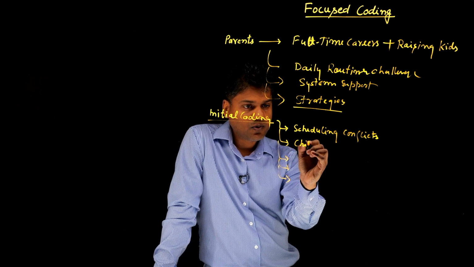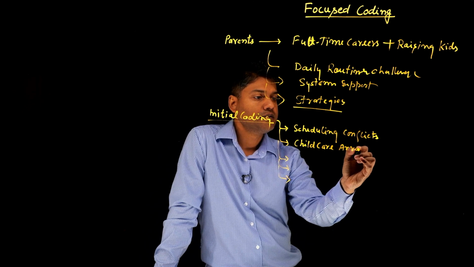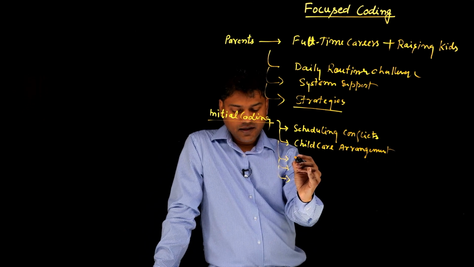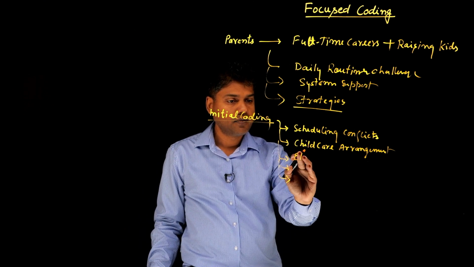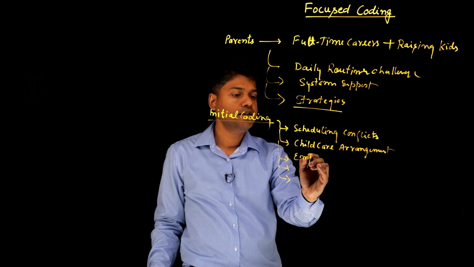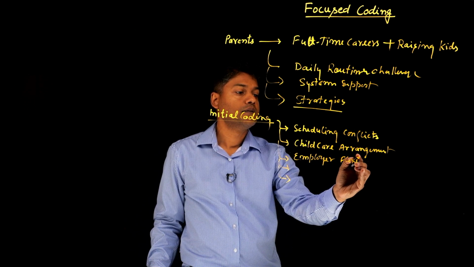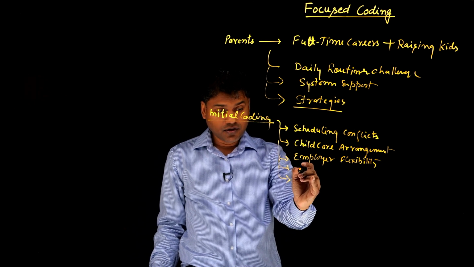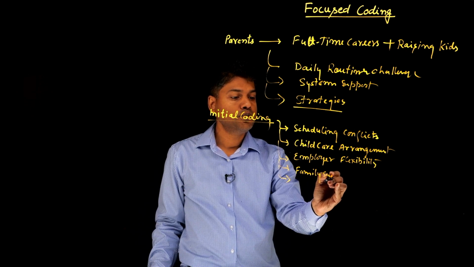And then another code, let's say childcare arrangement. And then there is another code, let's say employer flexibility. Another initial code, let's say family support.